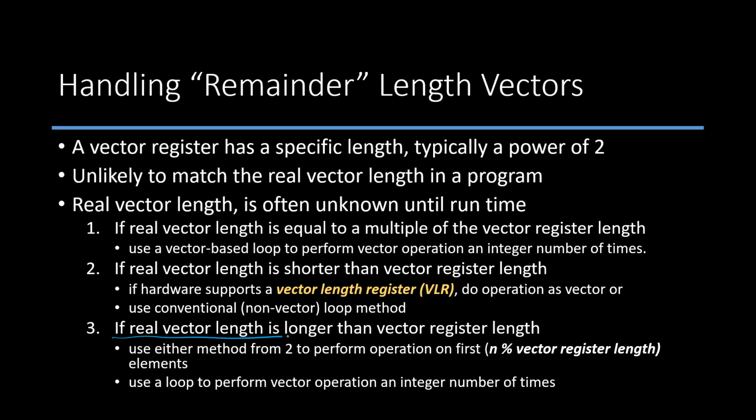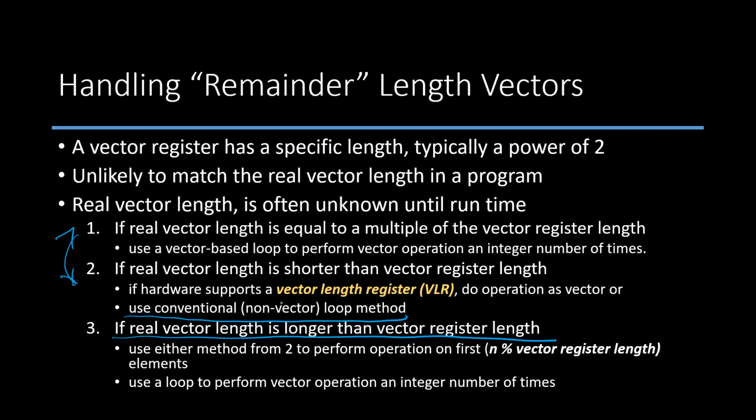If the vector is longer than the vector register length, then what you're going to do is a combination of 1 and 2. This is the way we're going to see in the code that we used in the lab on Monday. You're going to either perform a conventional loop on the remainder, in other words, the array elements that if we took them away, suddenly the leftover elements would be equal to a multiple of the vector register length.